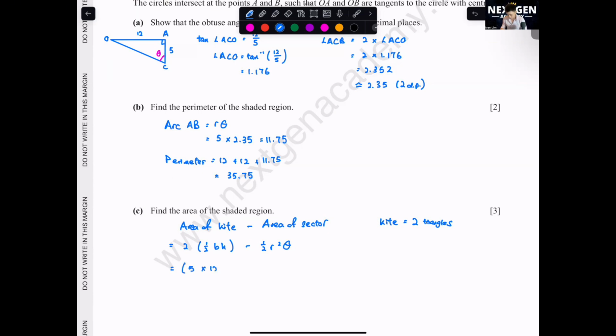So 5 times 12 minus 1 over 2 times 5 squared times theta, where theta is 2.35. 5 times 12 is 60 minus 29.375, which gives 30.625, or 30.6.